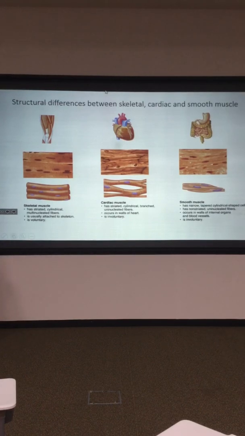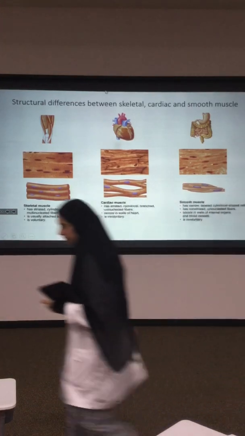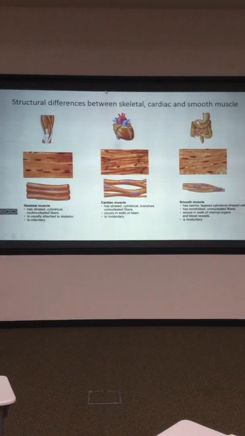Why do we have striations? Myosin and actin. Yes, actin-myosin arranged in a regular pattern of sarcomeres, and that gives you different absorption and diffraction of light. So when you look at the muscle in a light microscope, you see this kind of striations.